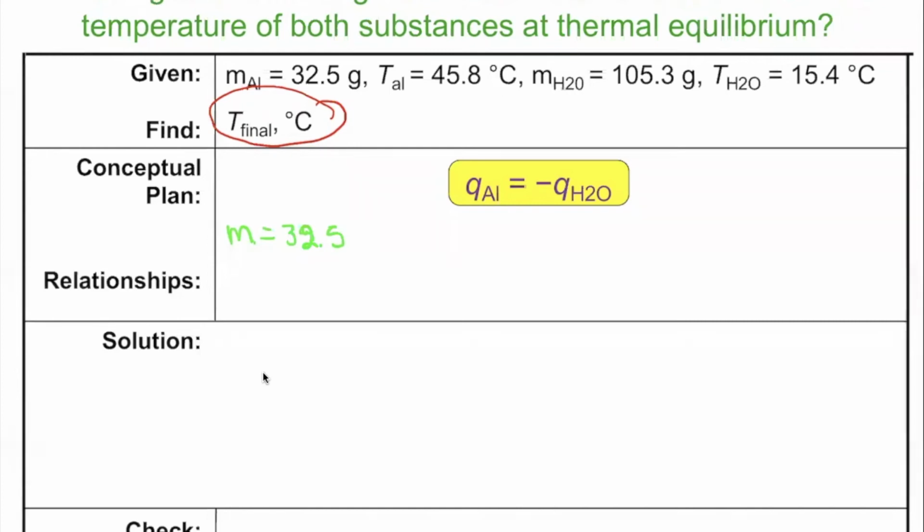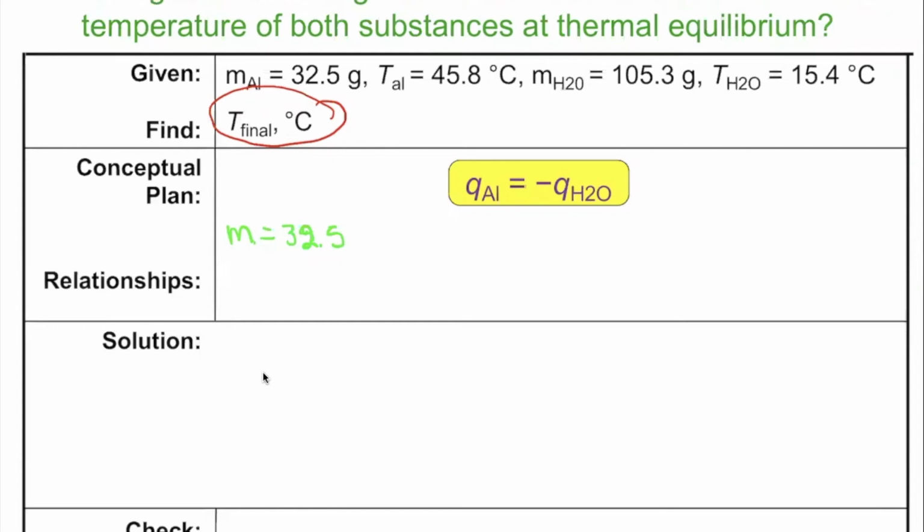Okay, so pretty much what you're now going to do is solve for your T final. So when you do this side, you should get negative 29.3475.